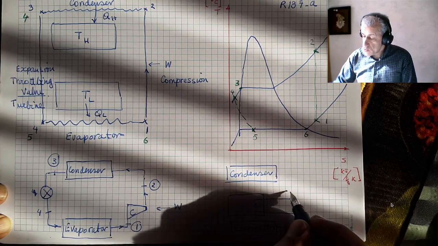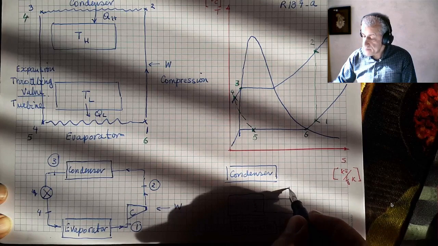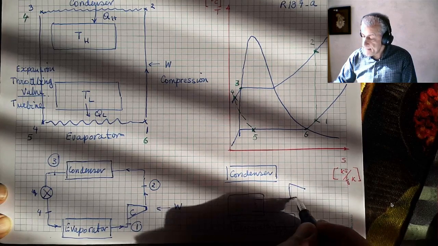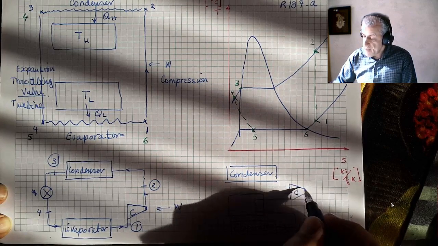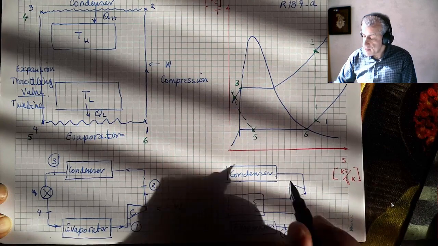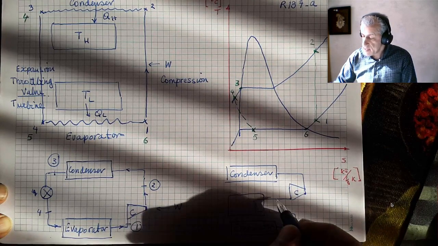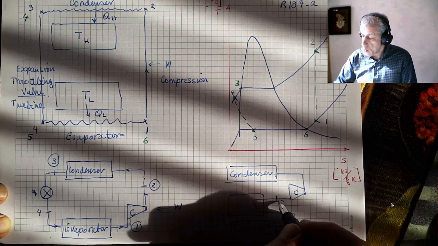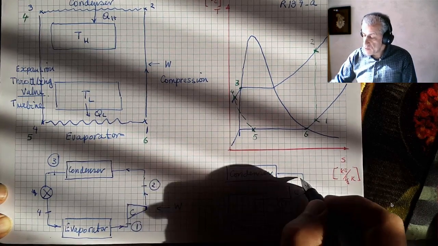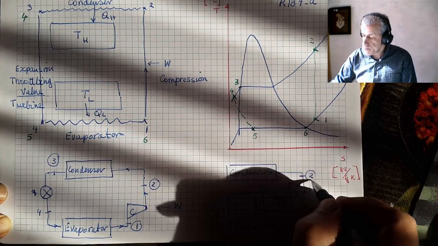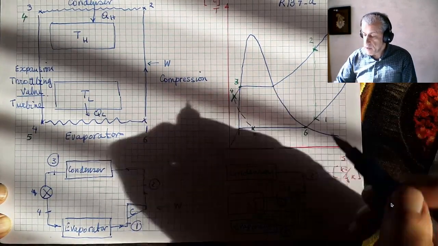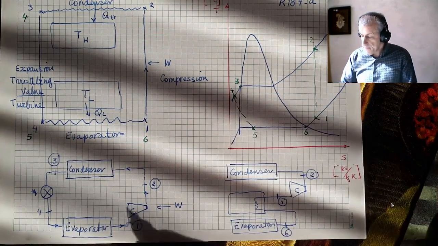Then it goes to a compressor, and then it goes to the condenser. So this would be point 6, this would be point 1, and this would be point 2, just like what I have put here.